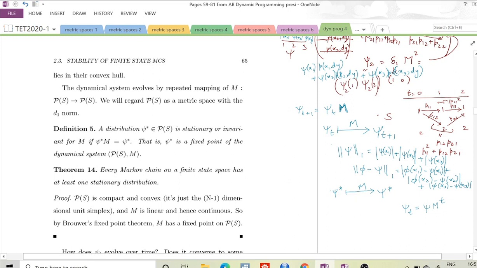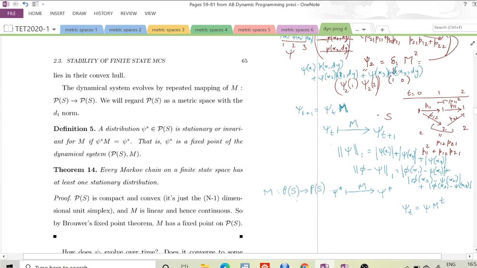So a preliminary obvious result is that every Markov chain on a finite state space has at least one stationary distribution. The idea is I look at the transition matrix as a function, right?